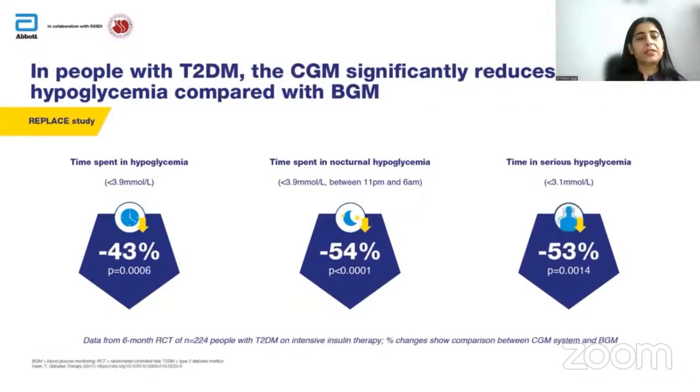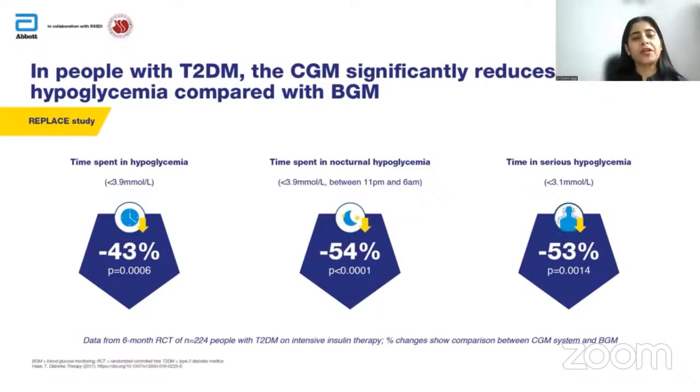Moving on, let's look at some more evidence when it comes to patients with type 2 diabetes. Here again, this is the REPLACE study, a 6-month randomized controlled trial of 224 patients with type 2 diabetes who were on intensive insulin therapy. And this is a study that clearly shows marked reduction in hypoglycemia compared to SMBG.